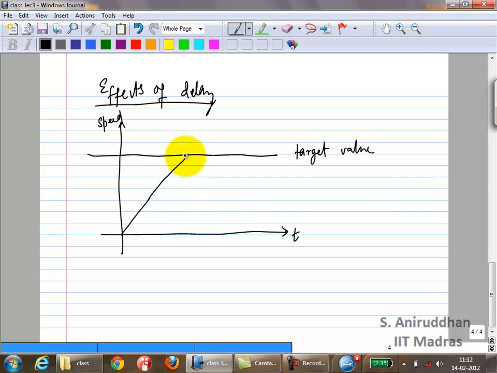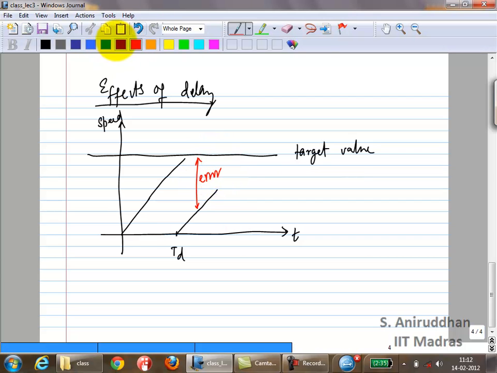Let's assume there is a delay TD, and in the feedback it looks as if your speed is actually increasing at this rate, even though you are actually increasing it from t equal to 0. What is the difference between the target value and this? That is the error, correct?